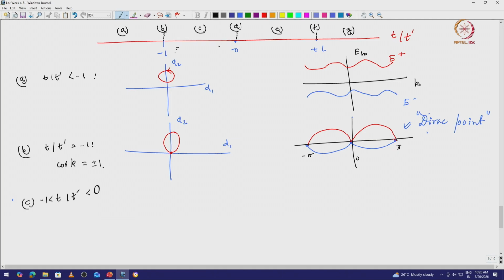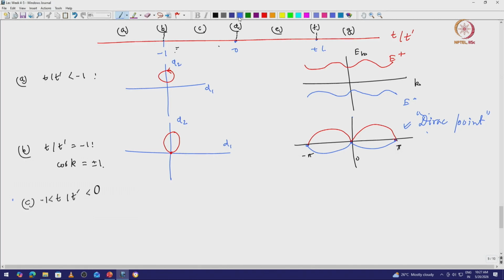Which is the interesting one, C, which is T by T prime less than minus 1, less than minus 1, not equal to. Okay.